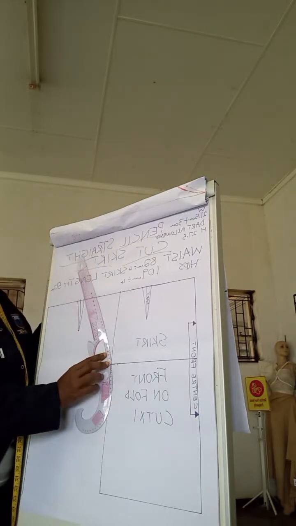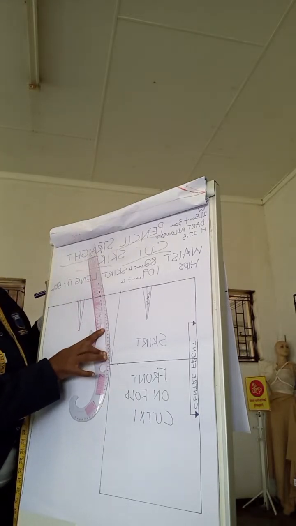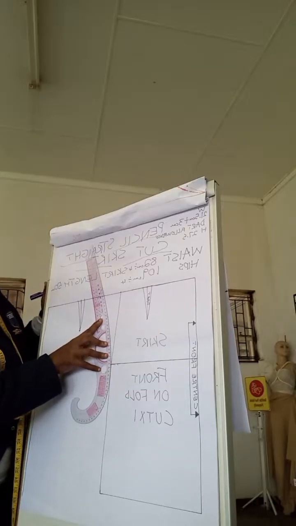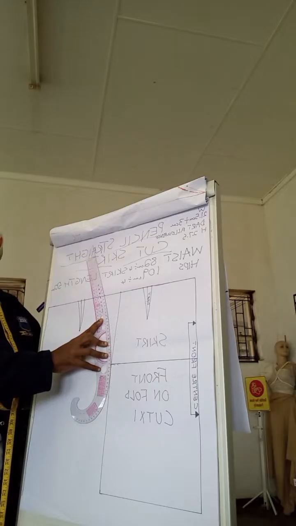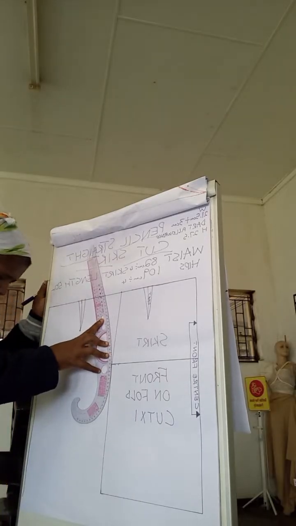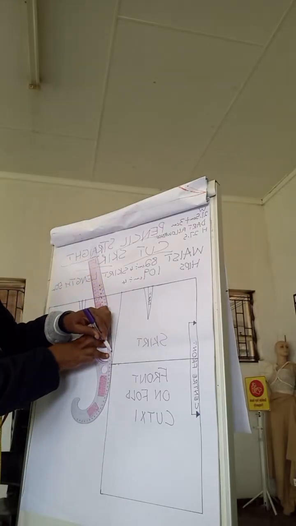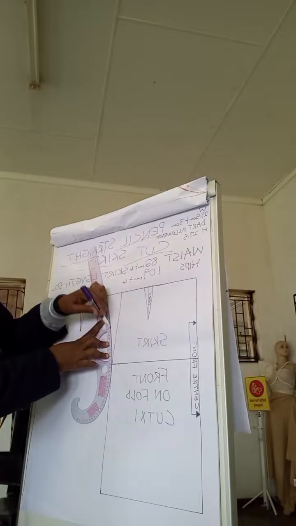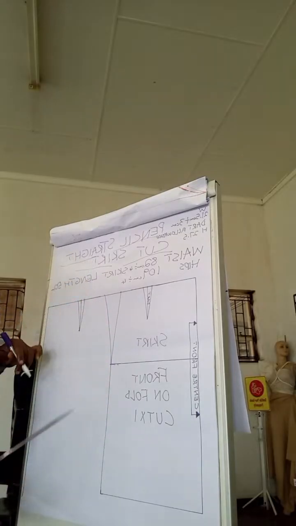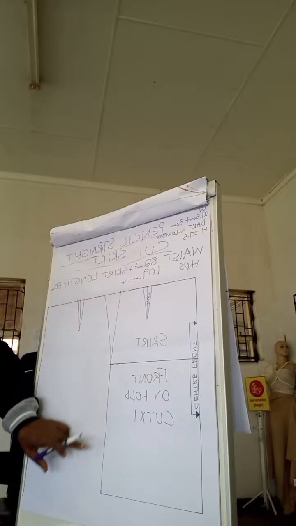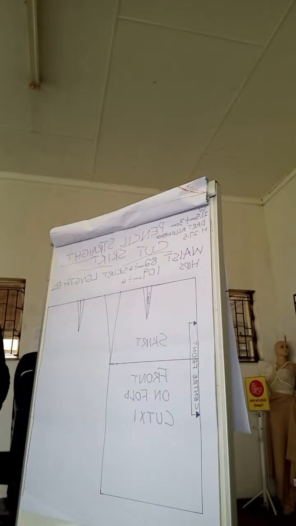You see the French curve? We are curving our side. And then it joins the line of this one and goes like this.